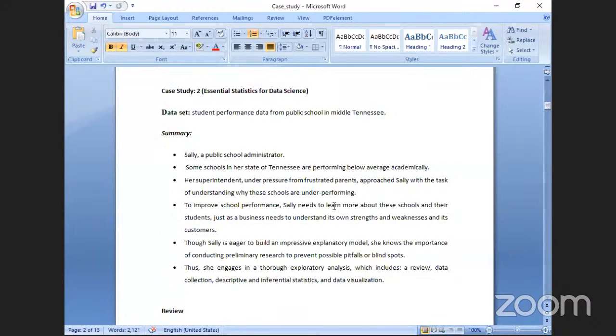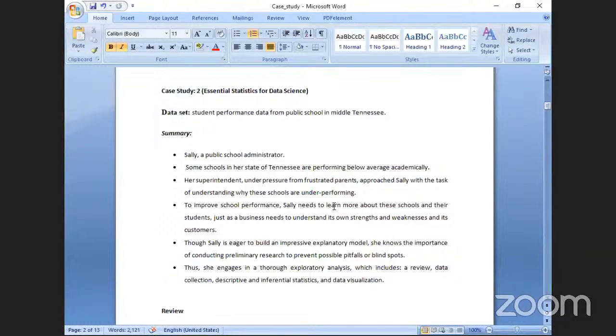Sally is a public school administrator. Some of the schools in her state, that is Middle Tennessee, where it has been noticed that some of the students are performing below average academically.